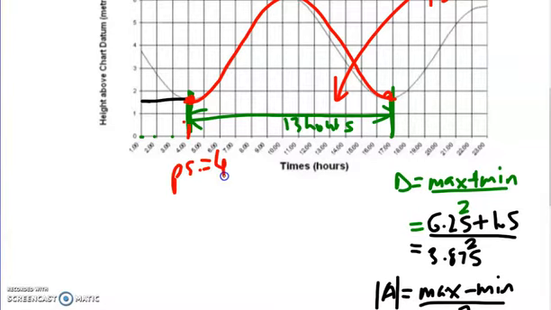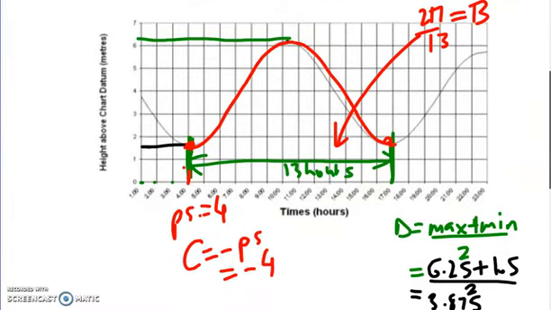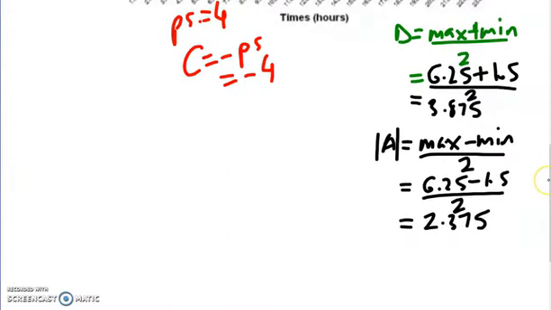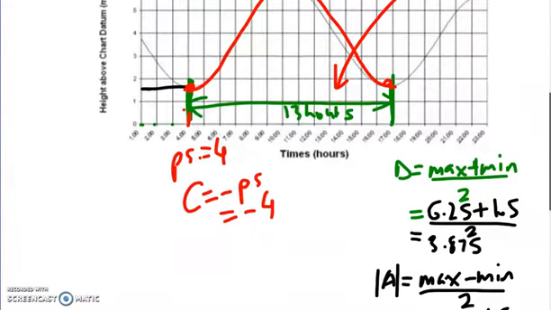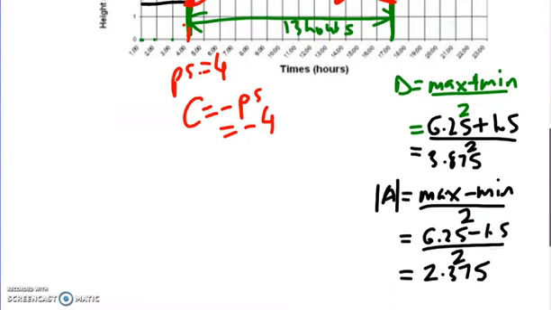My C value equals the negative of my phase shift, so that is -4. Okay, so now we have our A, B, C, and D, so we're all good to go. And we decided to go with a negative cosine in this case. We're going to start from a valley and then go to another valley here.